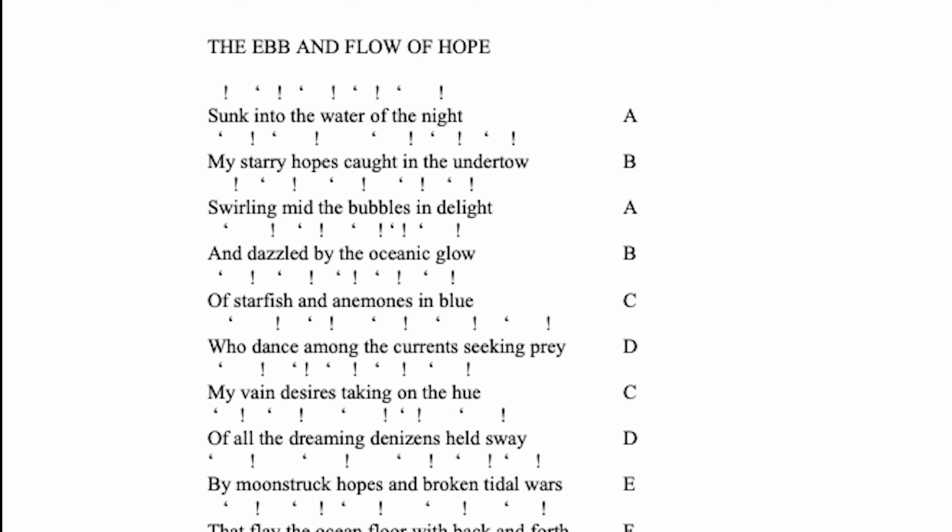It's like A, B, A, B, C, D, C, D, E, F, E, F, and then a rhymed couplet at the end, G, G. So one of the easiest ways to spot a Shakespearean sonnet is to see if there's a rhymed couplet at the end. And if there is, there's a good chance that it's Shakespearean. But if the top is structured like a Petrarchan sonnet, you look at the top and you see, is it alternating rhymes or are they couplets up at the top?